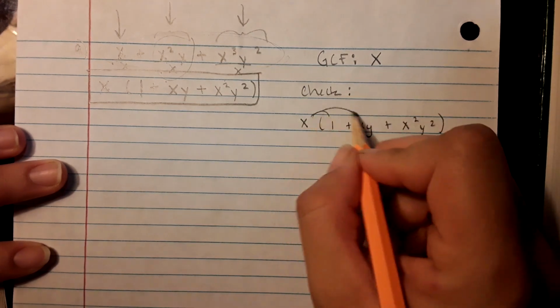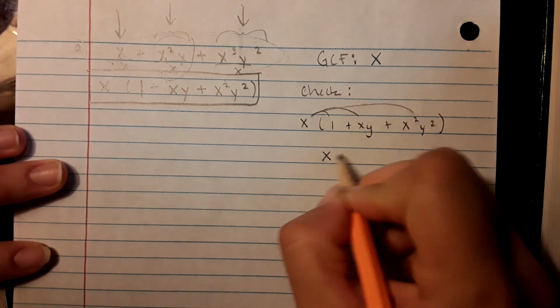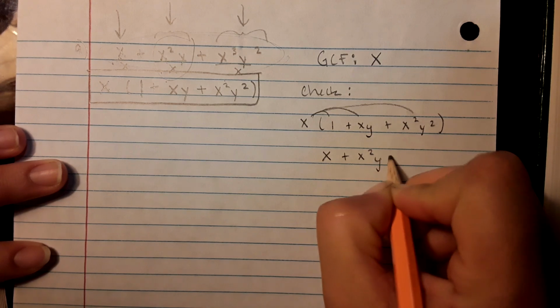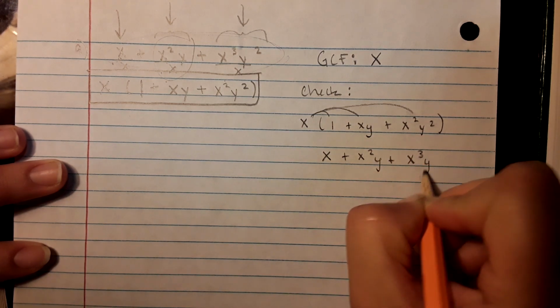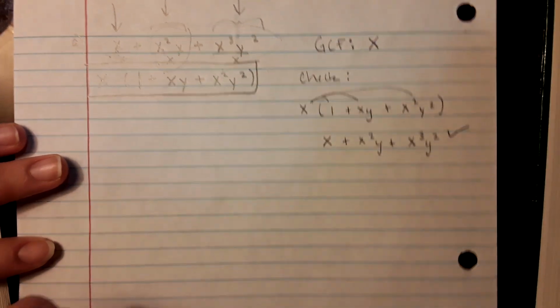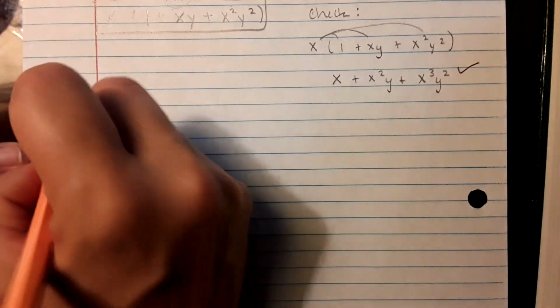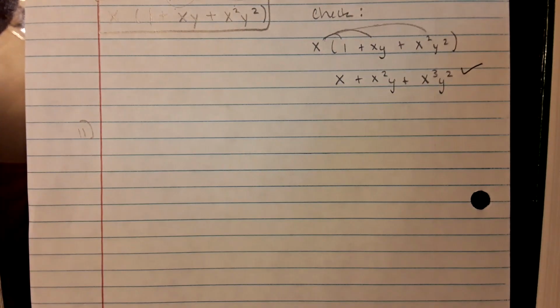When I multiply x into all three parts, I get x plus x squared y plus x to the third y squared. Checks out. Number 11.